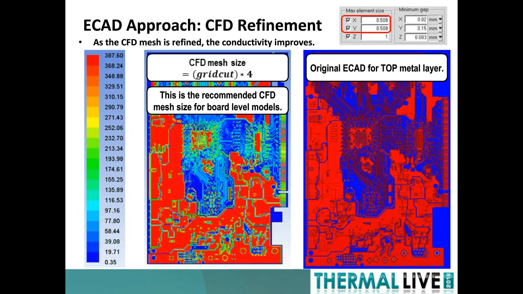The recommended CFD mesh size is 4 times the grid cut for board level models, or in other words, about 4 times the minimum. For system level models, it's 8 times. You can see in this image the thermal conductivity map compared to the original ECAD geometry on the right.